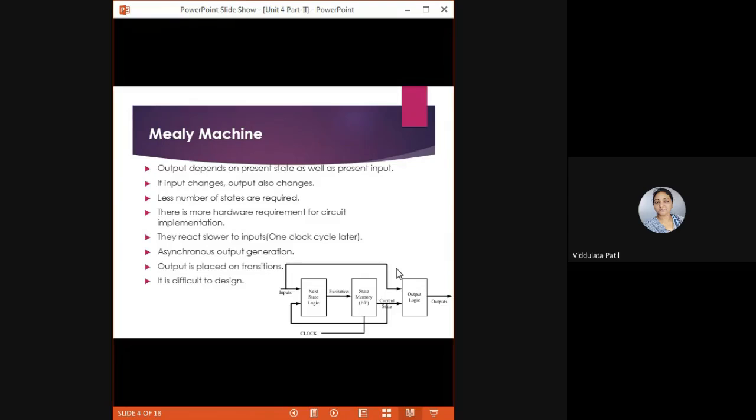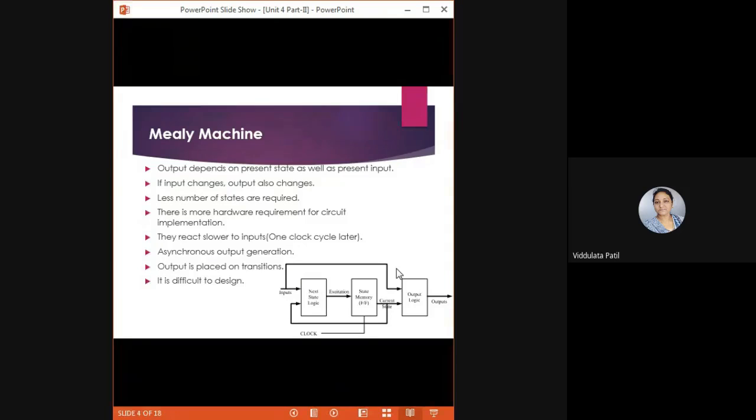That means if the logic level of the input is changing from 0 to 1, that will also affect the output. So in a Mealy machine, remember that output depends on the present state as well as present input. But in a Moore machine, output depends only on the current state.